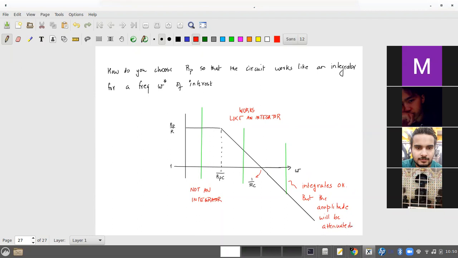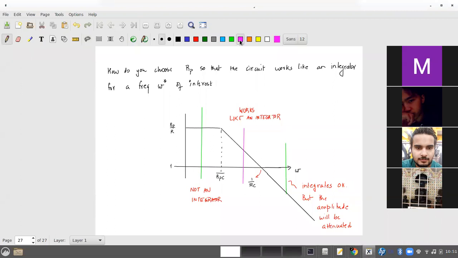So how should you choose your RC, which is your tau, and the RPC, which is the time constant for the parallel resistor, such that at the frequency of interest this circuit works as an integrator? It's only this one that is good, right? Others are bad.